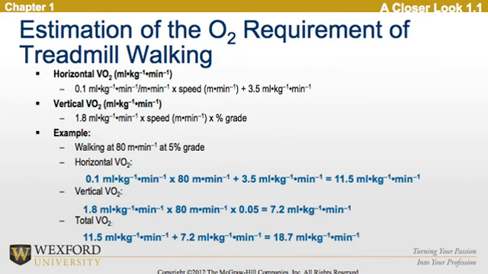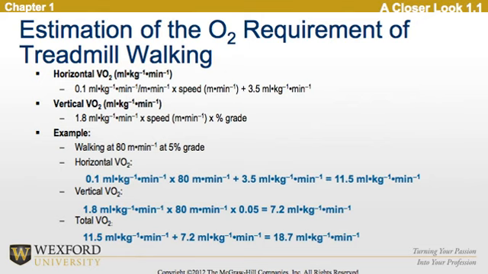But for the example that we're going to look at, we're going to be walking at 80 meters per minute at a 5% grade. So the horizontal VO2 component would be 0.1 milliliters per kilogram minute times 80 meters per minute plus 3.5 milliliters per kilogram minute equaling 11.5 milliliters per kilogram minute.